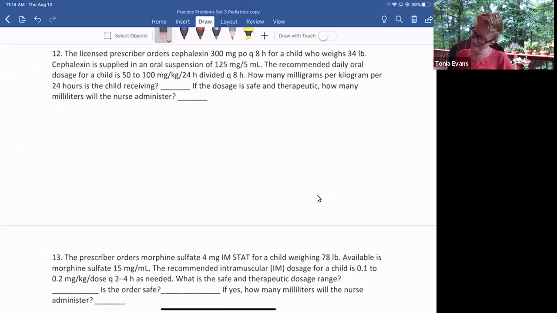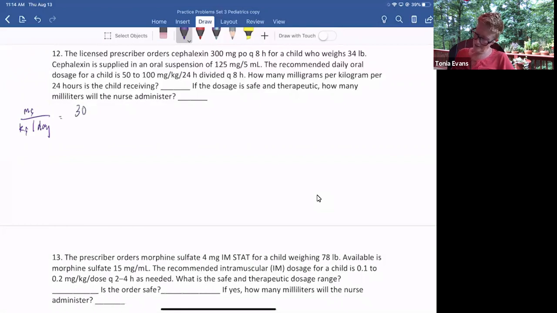All right, 300 every 8, 34 pounds. How many milligrams per kilogram per 24 hours is a child receiving? So what are we getting here? Milligrams per kilogram per day is our kiddo getting?